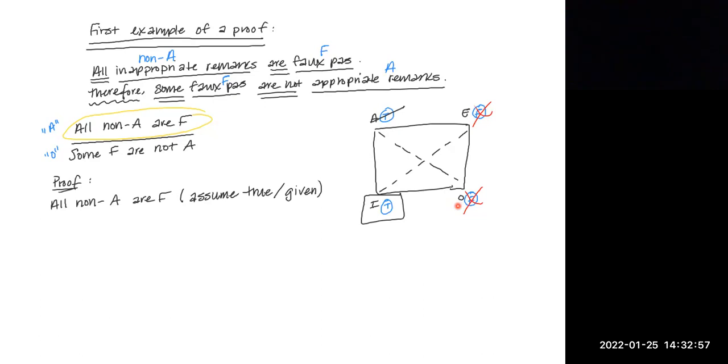Conversion, obversion, and contraposition do not allow you to move between the universal categorical propositions and the particular ones. They only allow you to move within them. So those are the two things you can do with the traditional square.